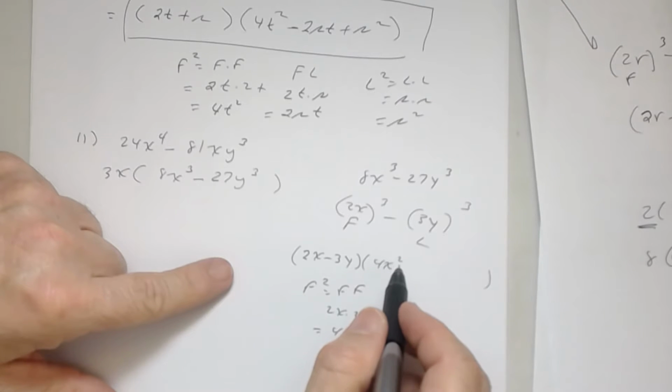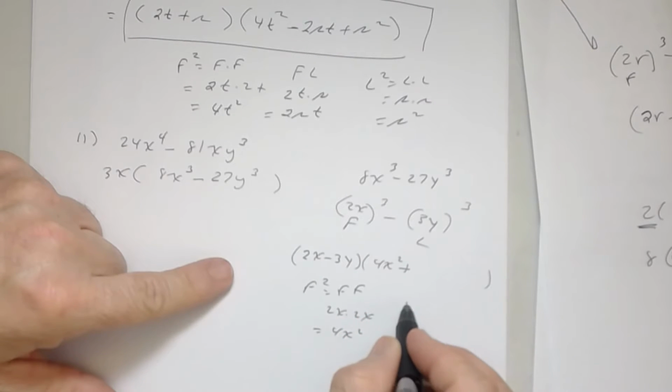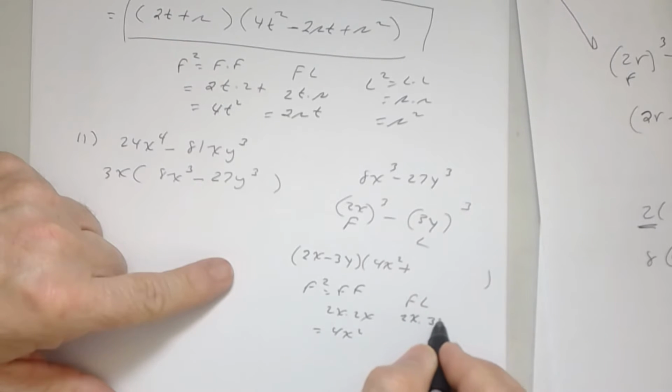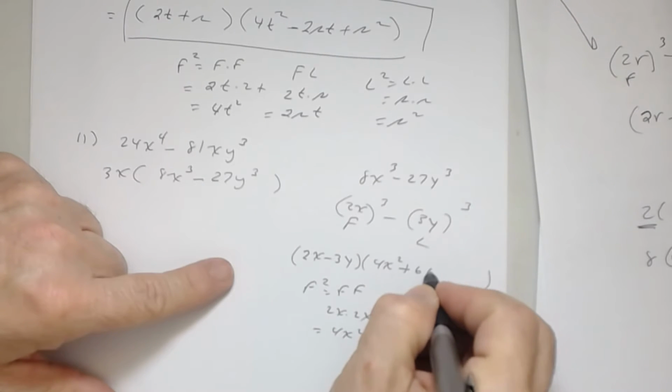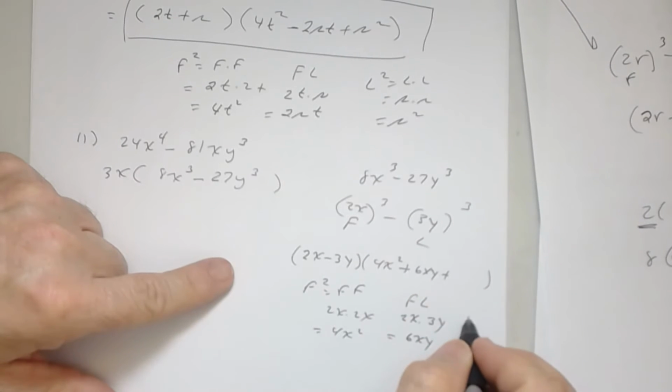Is it plus or minus? Plus. So then I take f multiplied by L. What's f? What's L? So what do I get? 6xy. And then finally L squared, so plus L squared. So L squared means L times L. L is 3y. So what's 3y times 3y?